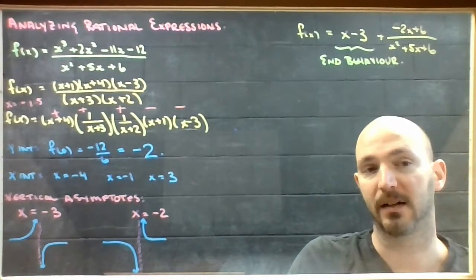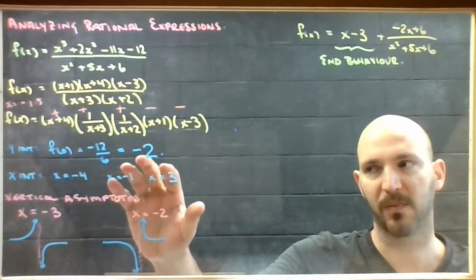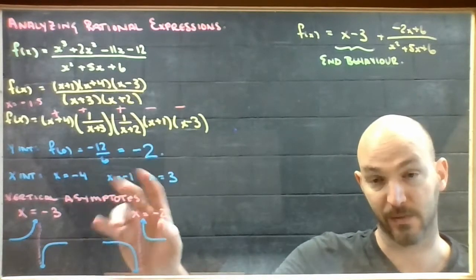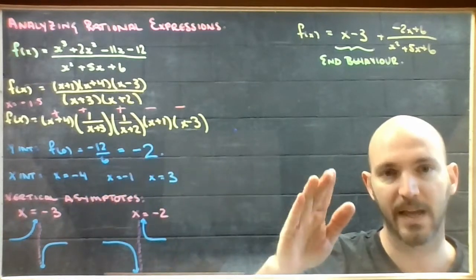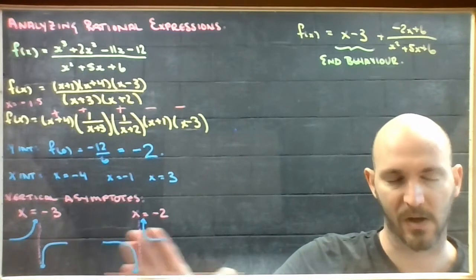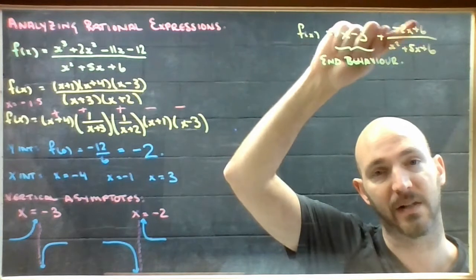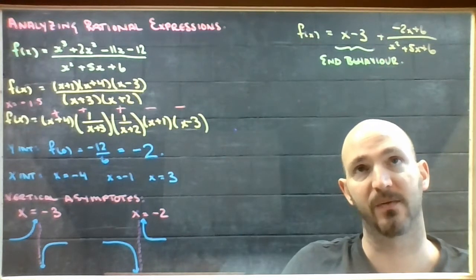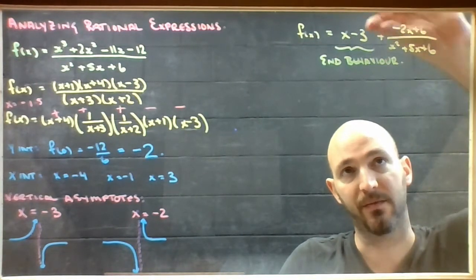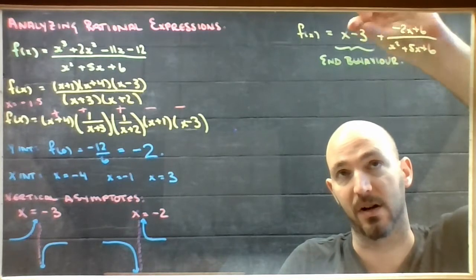The idea here is that once I get outside of this range, once I get far enough away from the X-intercepts, once I get far enough away from the asymptotes, that this part here vanishes, just sort of drops away. And all I'm left with is this linear chunk.